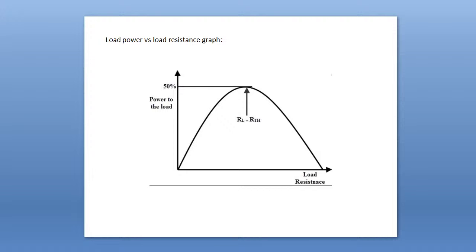Now let me ask you another question. If your circuit is a pure resistive circuit, then you can say that maximum power will transfer from source to load if RL equals RTH. Now consider your circuit consists of an inductor and capacitor along with a resistor.